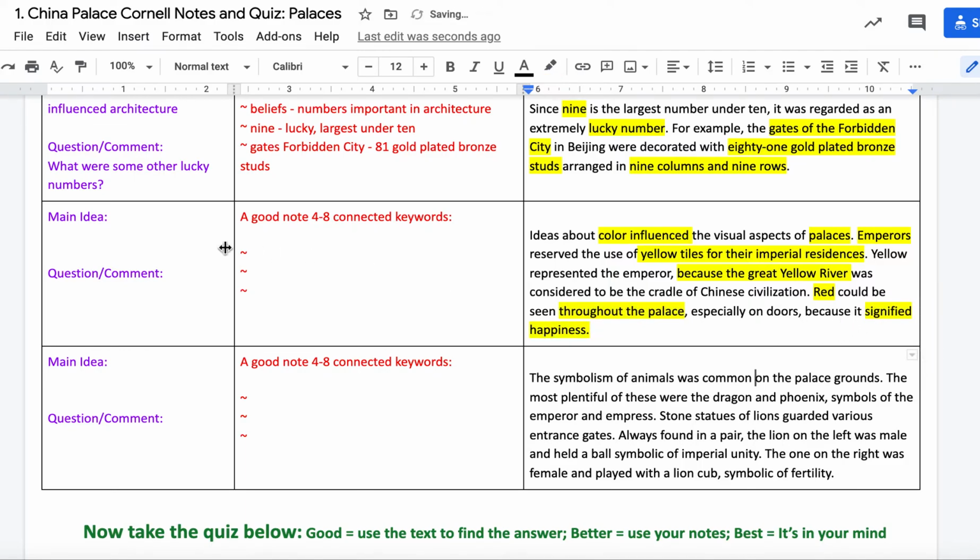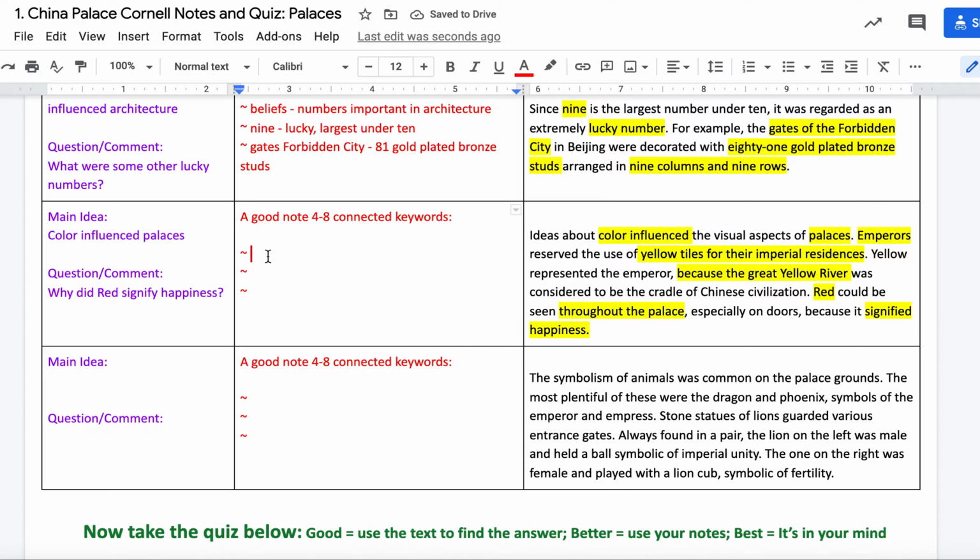All right, so the main idea of this was about how color influenced palaces. And the question I want to have is, why did red signify happiness?